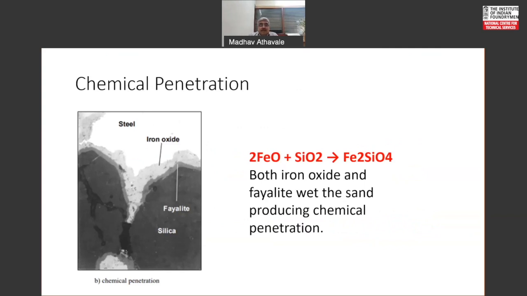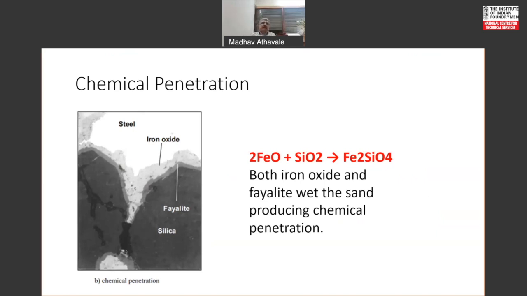In case of steel, the reaction that happens is that iron gets oxidized in presence of oxygen in the mold. So 2FeO plus SiO2 coming from the molding medium forms Fe2SiO4, which is fayalite, and that wets the sand and produces the chemical penetration.